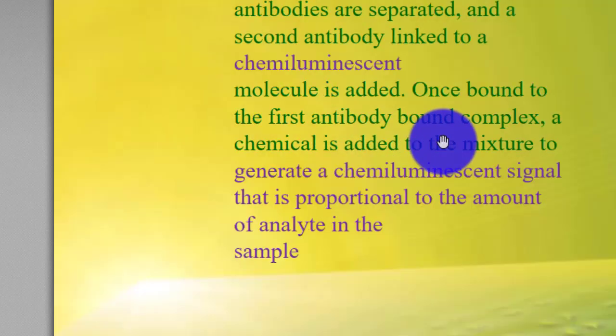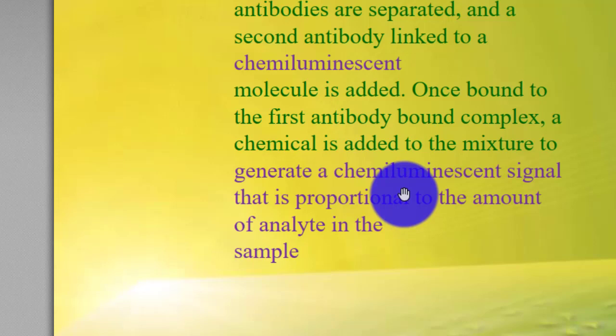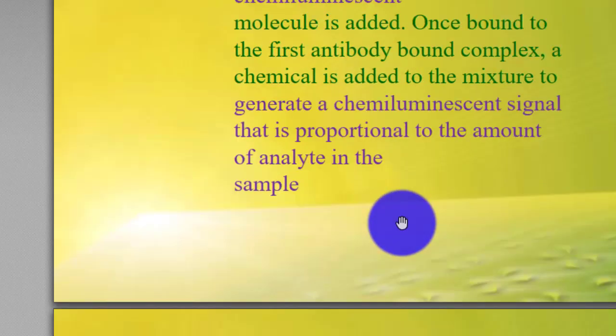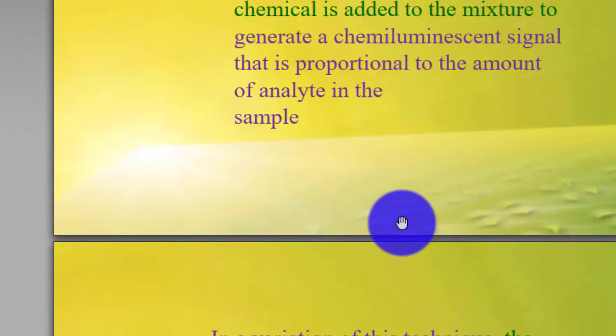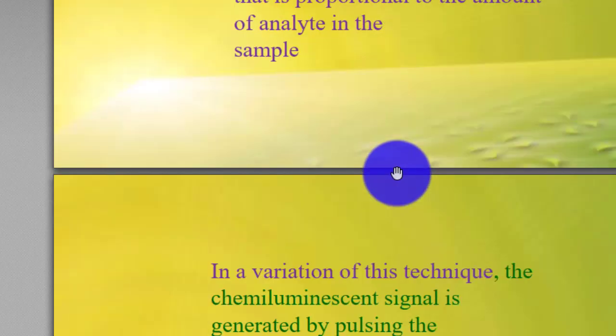Once bound to the first antibody-bound complex, a chemical is added to the mixture to generate a chemiluminescent signal that is proportional to the amount of analyte in the sample. It's used in the ELISA technique.